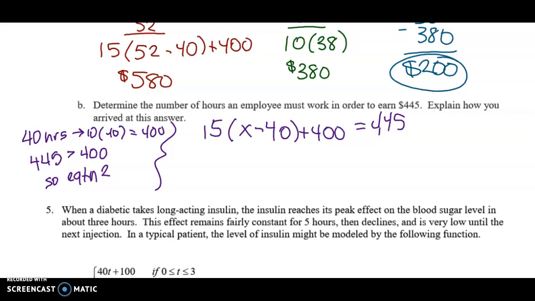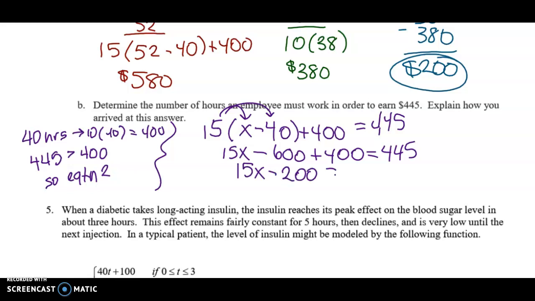Remember our list of steps we've been practicing. Use the distributive property to get rid of the parentheses. So we distribute the 15. Step 2 says to combine like terms. Step 3 says to move all our x terms to the left side. We don't have any x terms on the right side, so that part doesn't matter.